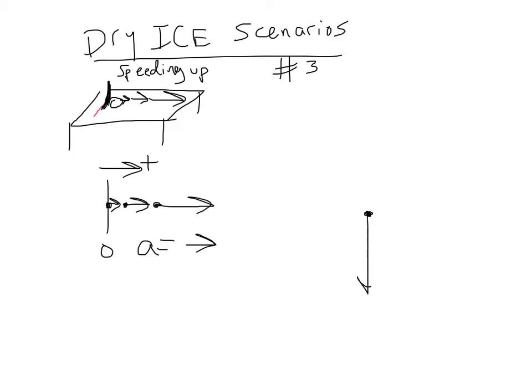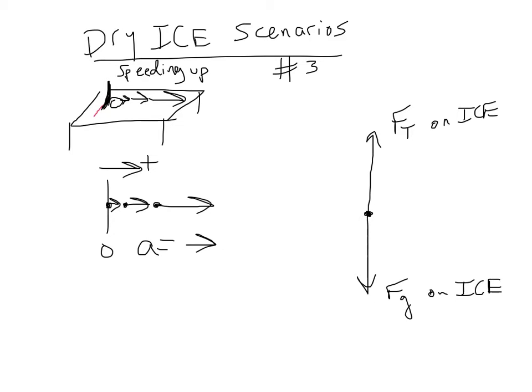Well, again, we still have gravity acting downward. We still have the table acting up. So force of table on ice, and again, I'm abbreviating even more now, force of gravity on ice.